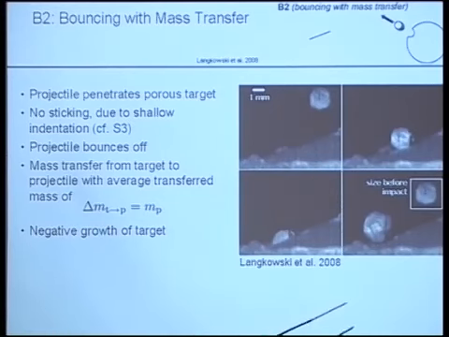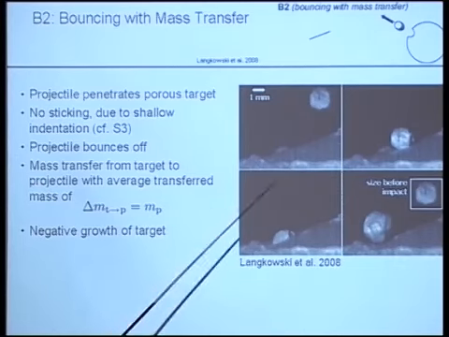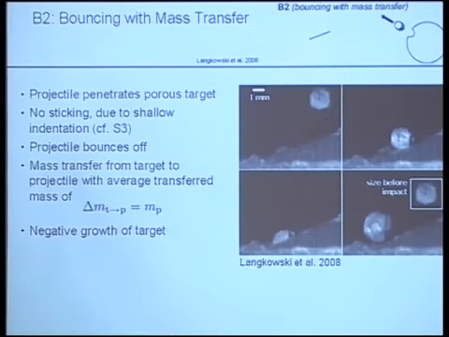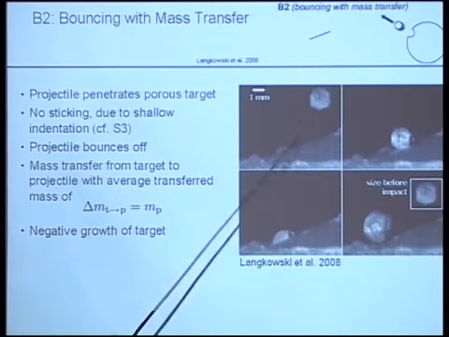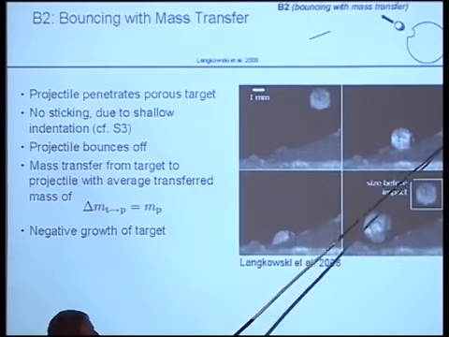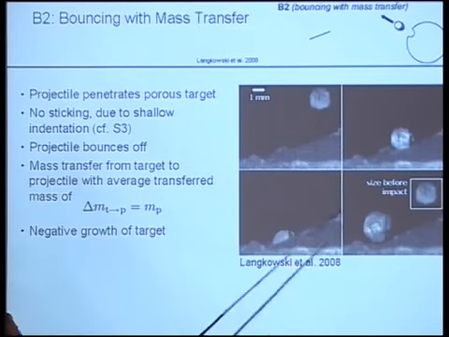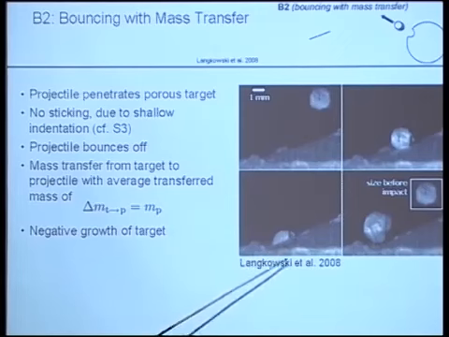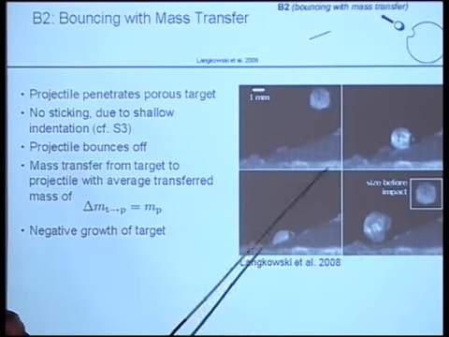Okay, bouncing with mass transfer. Remember the movie when the fragments came in from the top right and they hit the target and stuck by deep penetration? If the velocity is insufficient, not above the threshold I showed you before, the fragment comes, hits the target at some angle, penetrates, however not deep enough, and then bounces off.